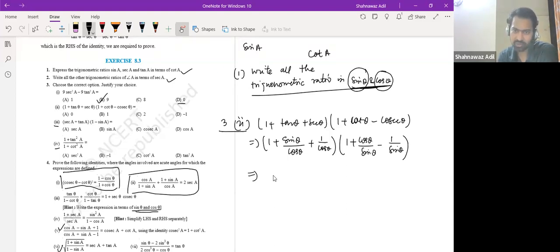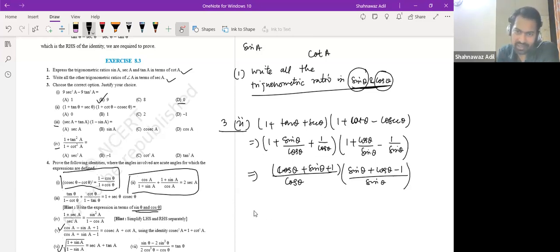Let us simplify this, take the LCM. So this is 1 plus sine theta by cos theta plus 1 by cos theta, and then we have cos theta by sine theta plus 1 minus 1 by sine theta.